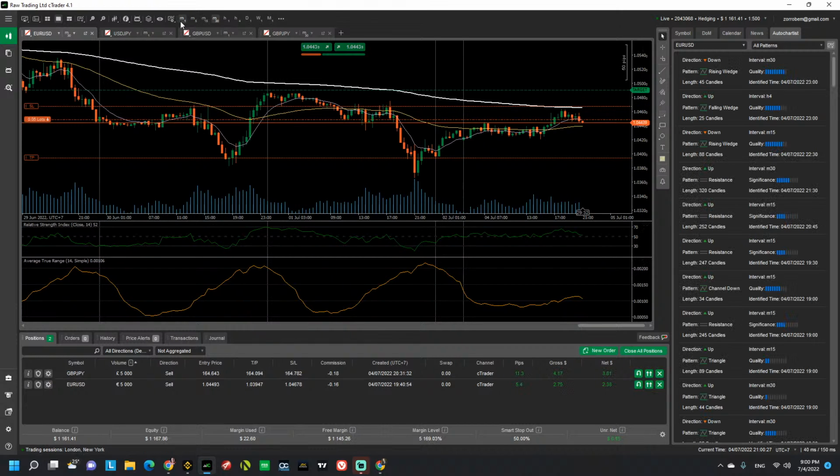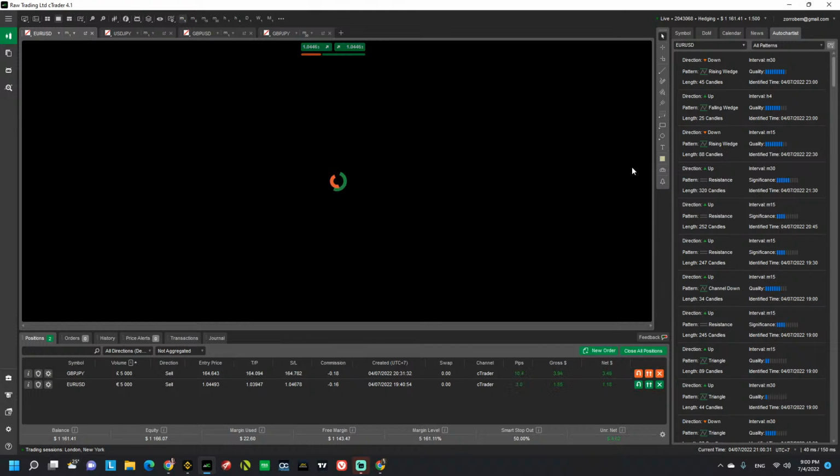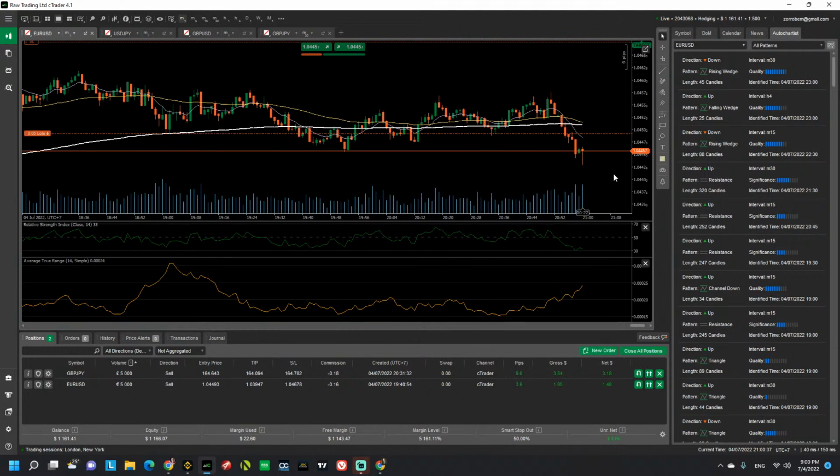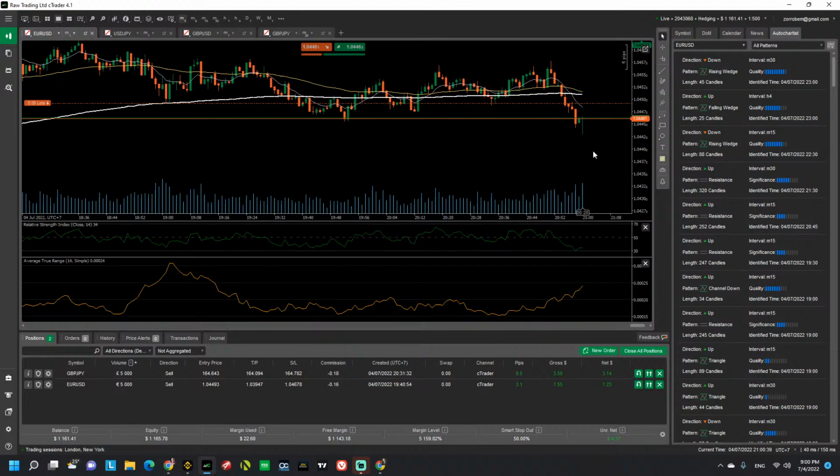So it seems like... let's see what euro is doing. Looks like it's bouncing. This is the average true range.